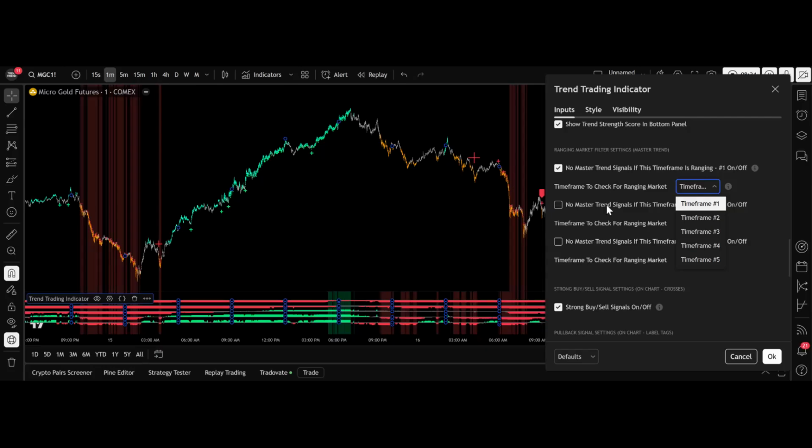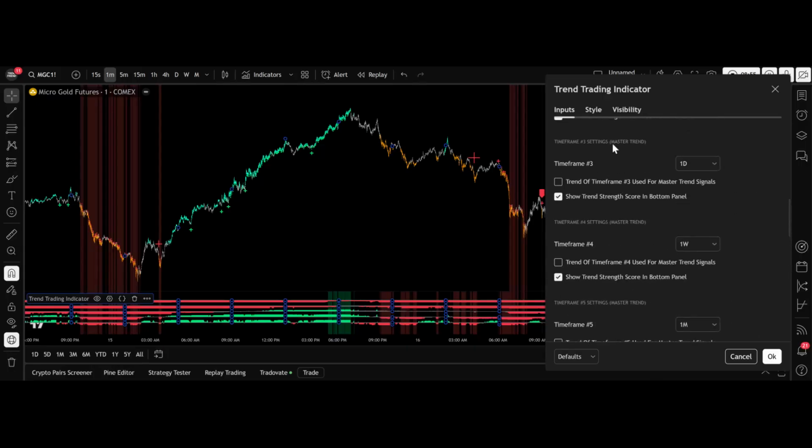So this is another great way to keep from trading in sideways markets and help you stay out of that stuff. And you can set this for up to 3 separate time frames if you would like. These are all off by default so that it catches trends earlier, but feel free to customize these, play around with them, and just understand that this is based on whatever time frames you have set up here.